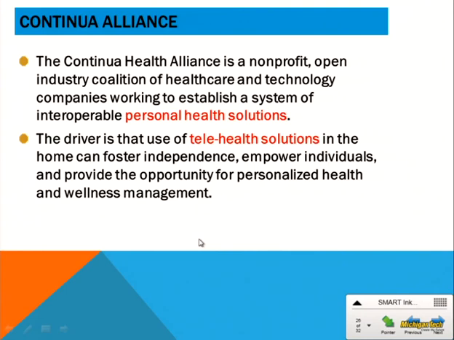For example, when you're running, you can use some monitor to monitor your heart, how many beats, or your blood pulse, okay, and pressure. So those are the standards related to personal health solutions.